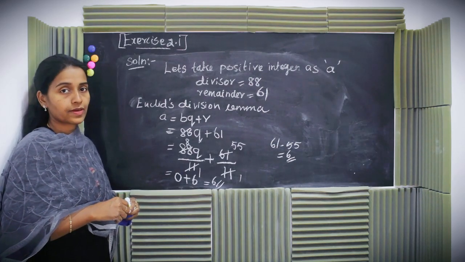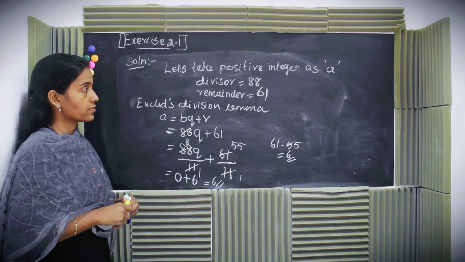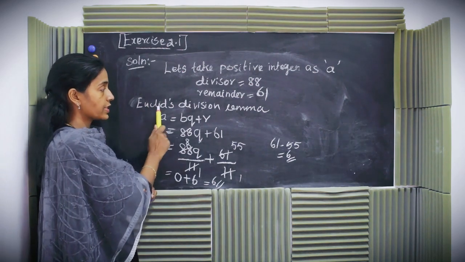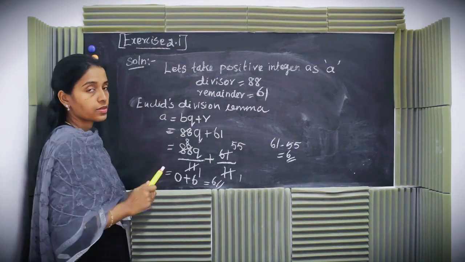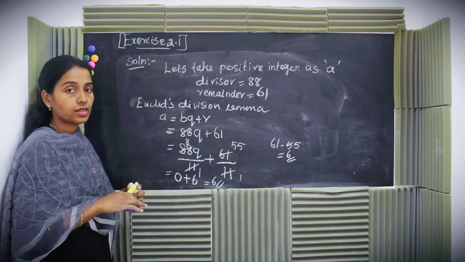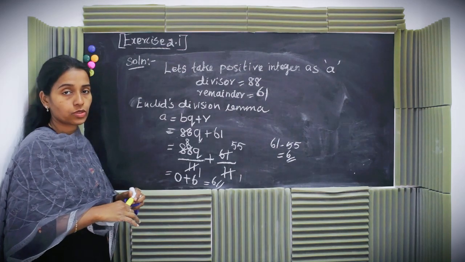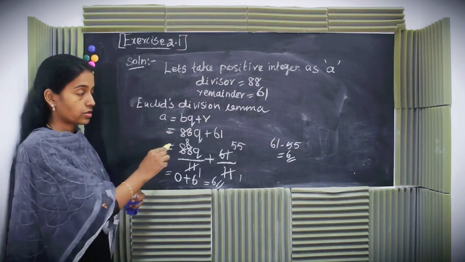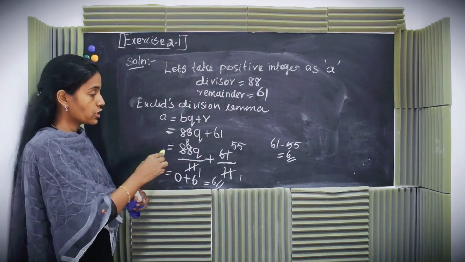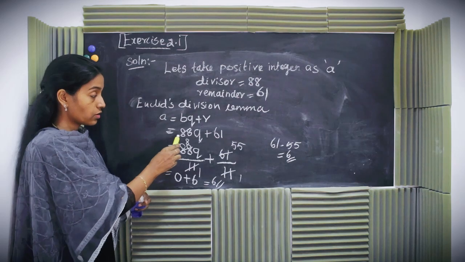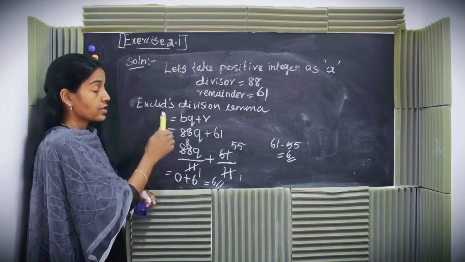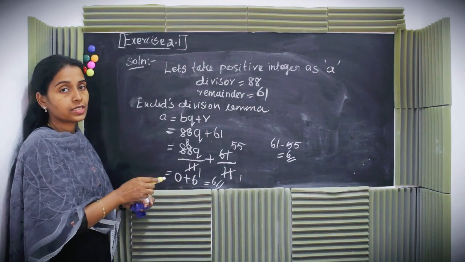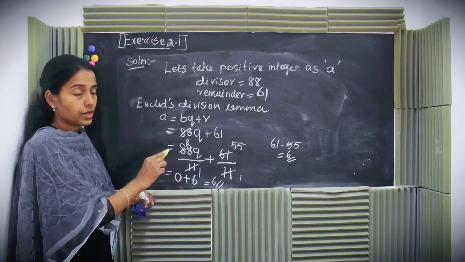It's very simple, right? First, we write Euclid's division lemma formula. In that formula, we apply the values given in the question, and after getting that step, we should divide each term by 11, right?